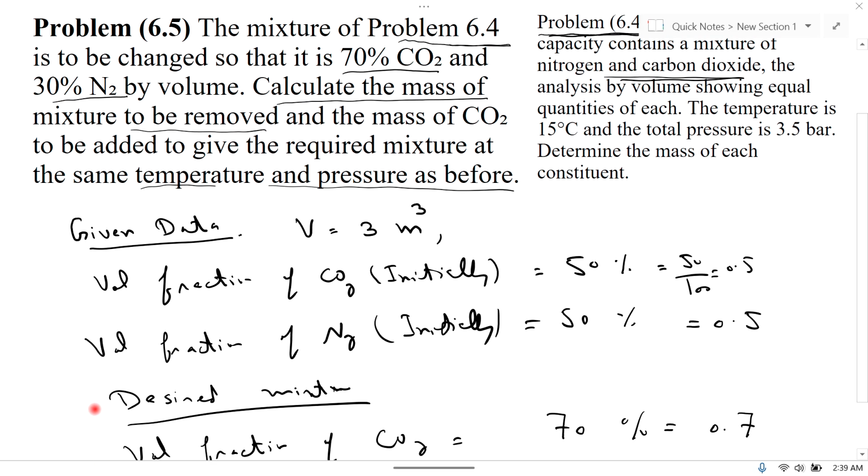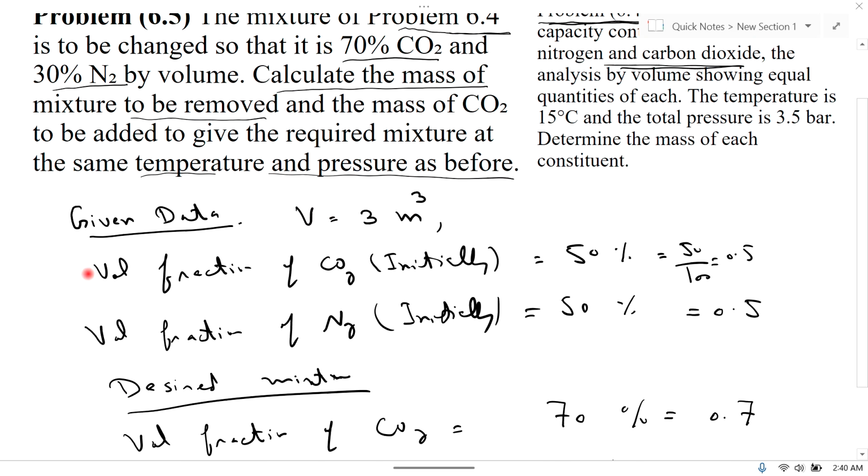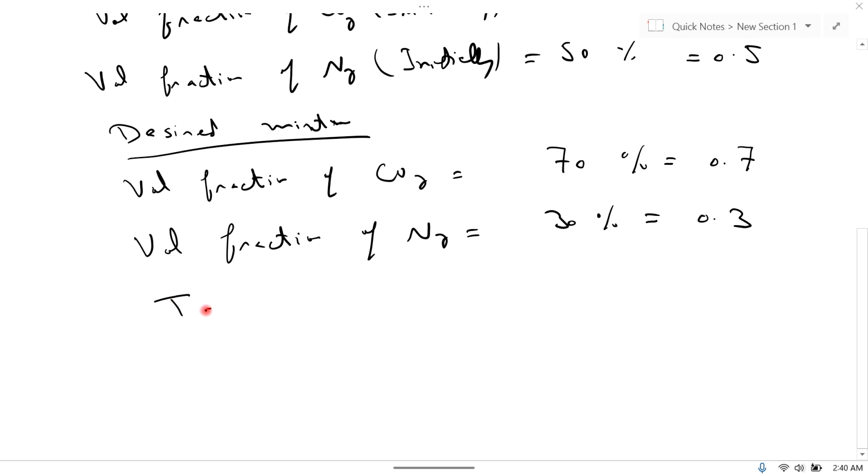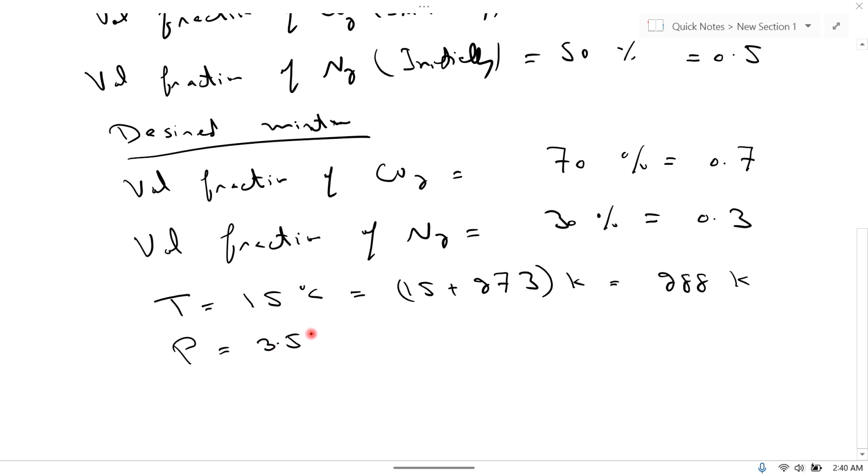Similarly, from problem 6.4, temperature and pressure are given to us. Temperature is equal to 15 degrees centigrade, which is equal to 15 plus 273 Kelvin, which is equal to 288 Kelvin, and pressure is equal to 3.5 bar, and 3.5 bar is equal to 3.5 multiplied by 10 power 5 Pascal, and Pascal is also equal to Newton per square meter.